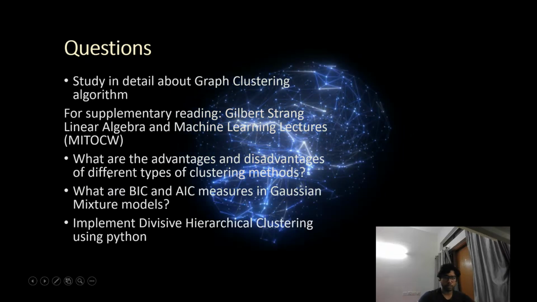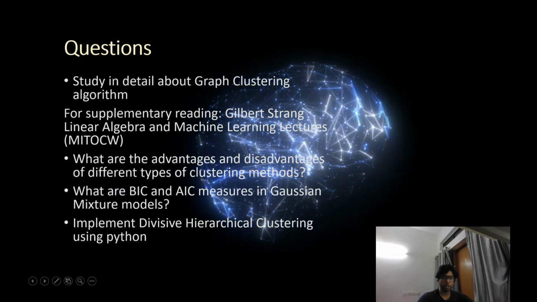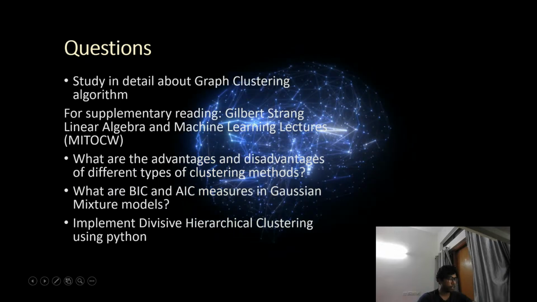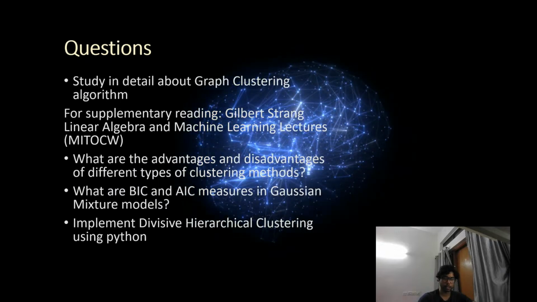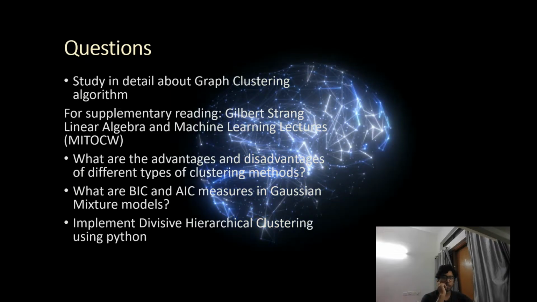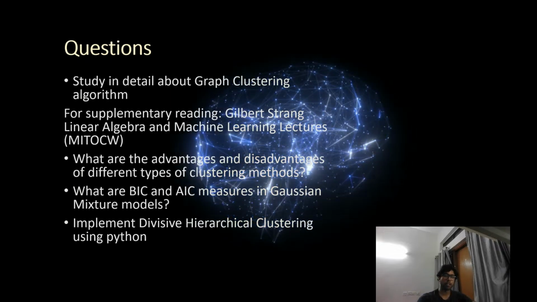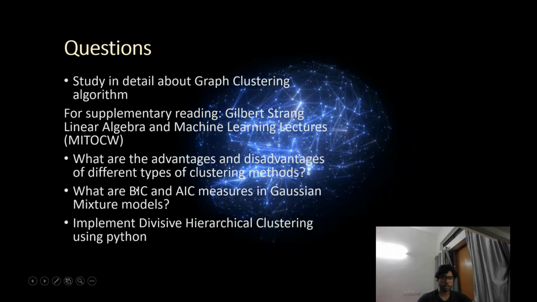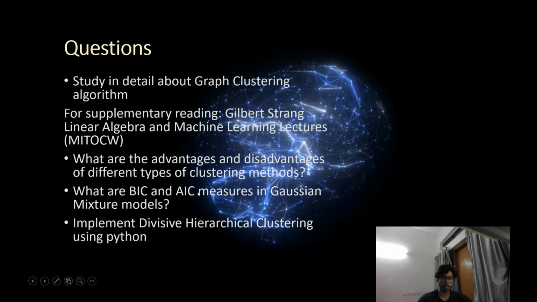And yeah, also you should know about the advantages and disadvantages of the clustering methods. So, for example, I discussed some of the advantages and disadvantages of k-means clustering, which is being taken care of by Gaussian mixture models, and also as I skipped some of the parts which you should go in detail, like BIC and AIC measures.